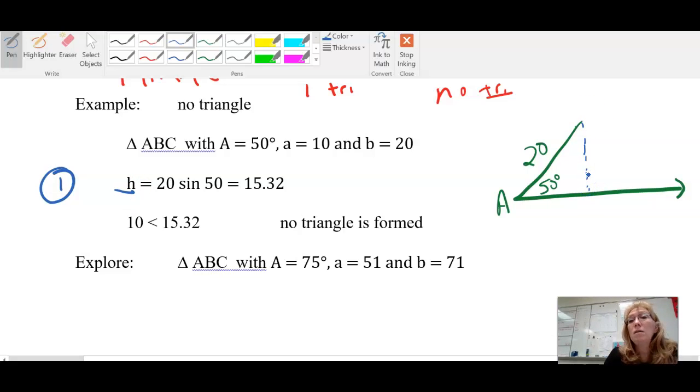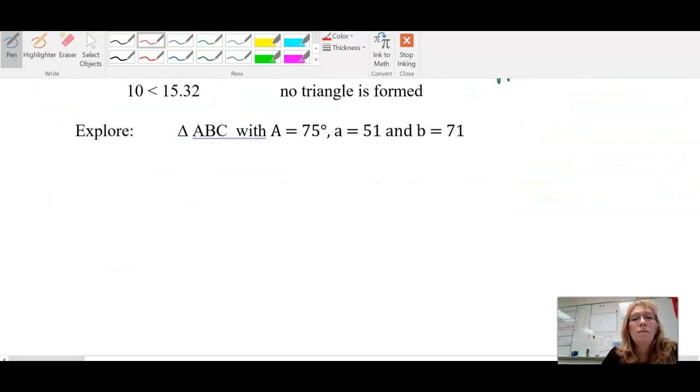That's done by B sine A. So we take 20 times the sine of 50, making sure you're in degree mode, and we get 15.3. That's how high my triangle is. The side length A right here is only 10. It is too short to hit the bottom ray. Since it cannot hit, we have no triangles.